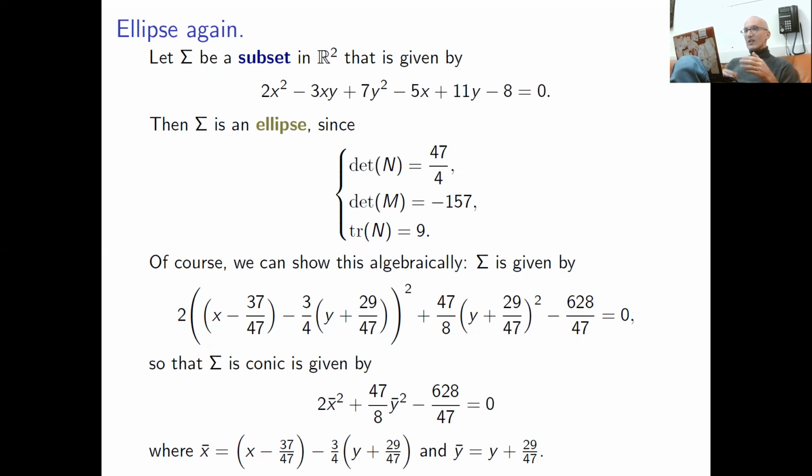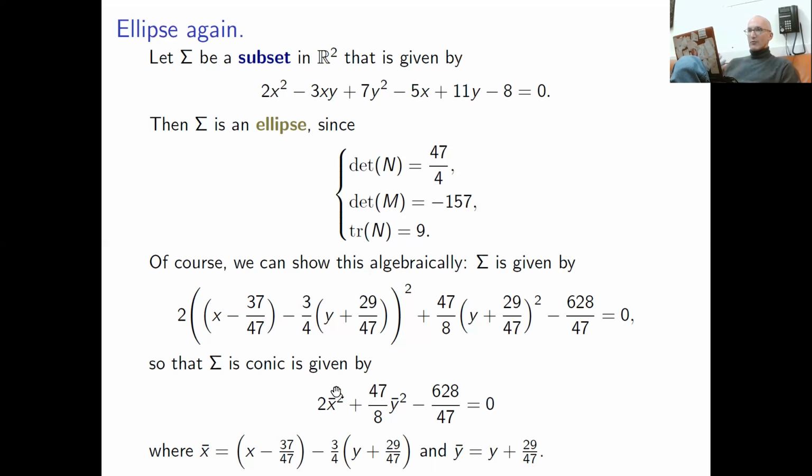In the proof of our classification theorem, we only allow rotations and translations. This is rotations, translations, and also scaling. You scale the x coordinate and y, and it doesn't change the type of a conic, but of course it changes its shape. So a circle can become an ellipse, but an ellipse cannot become a hyperbola, and a hyperbola cannot become a parabola.